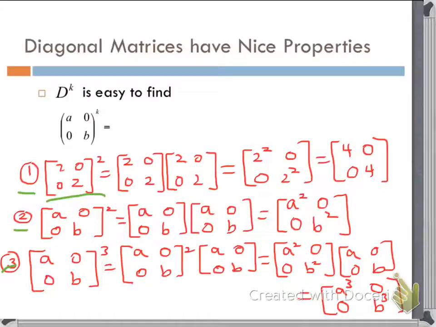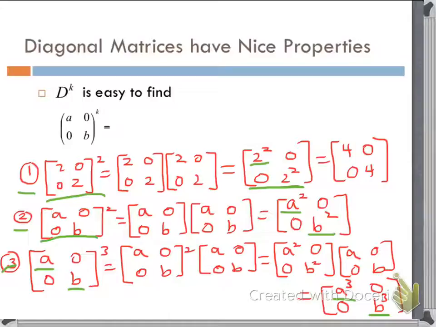If we have that diagonal matrix there and we square it, to emphasize the point, I wrote it as 2 squared and 2 squared, which we know is 4, 0, 0, 4. But in general, if we had a diagonal matrix with A, 0, 0, B and squared it, then our outcome will be A squared, B squared. And if we have something cubed, it's A cubed, B cubed.